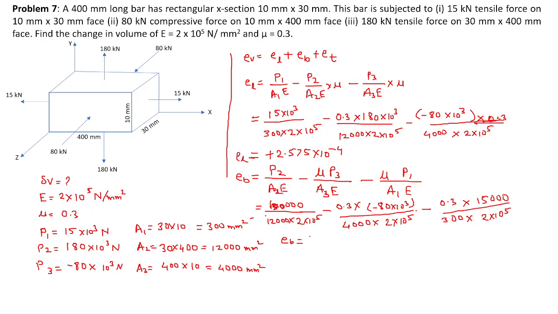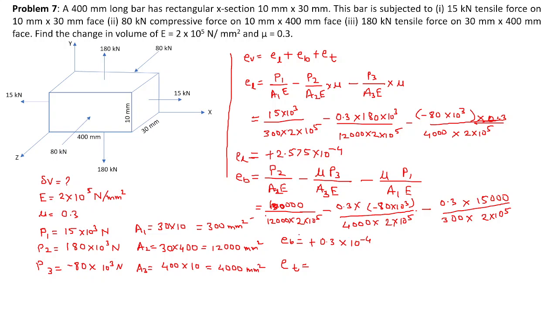EB's answer will be plus 0.3 into 10 raised to minus 4. Okay, strain has no units. So ET we can find by a similar formula.